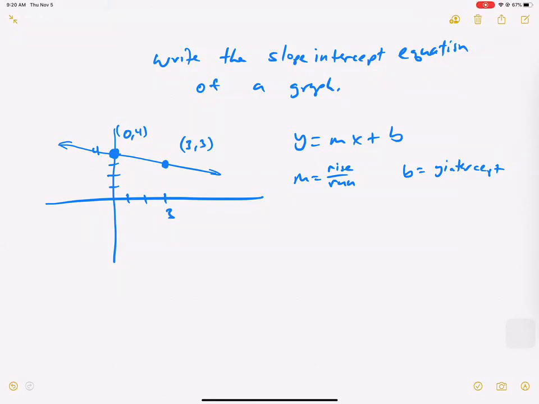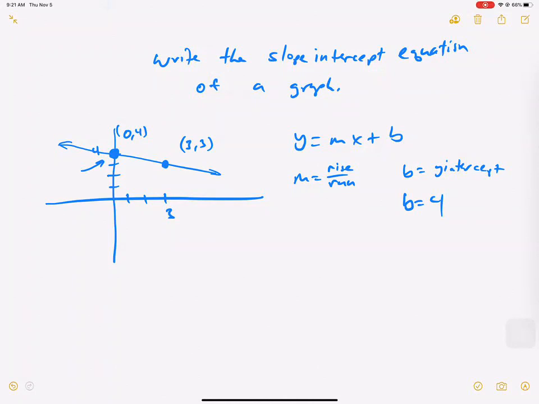So easy one, the y-intercept, right? The y-intercept is 4. b is equal to 4. Easy peasy. That's it. And then my slope is rise over run.